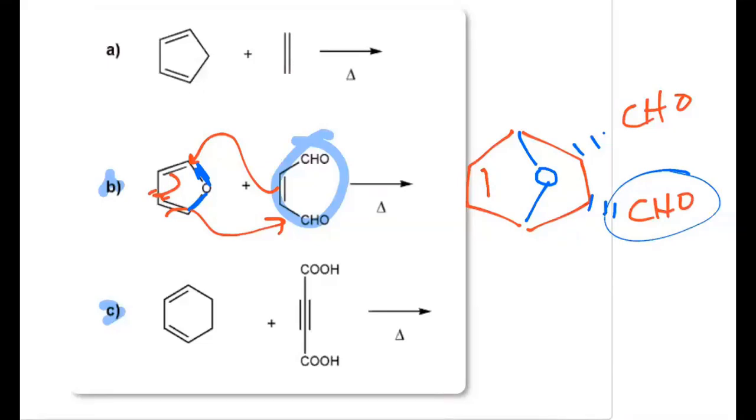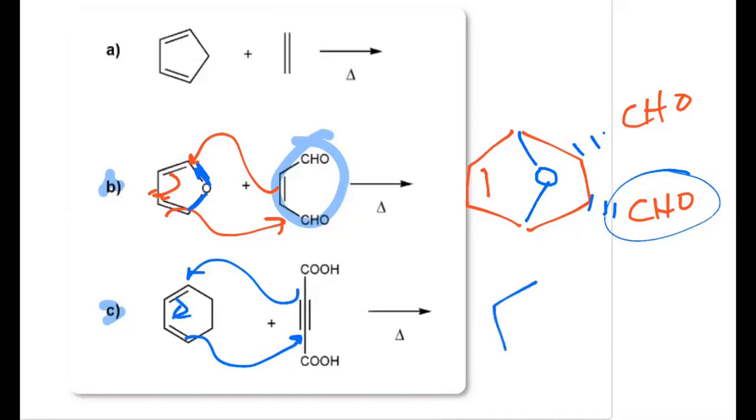All right, what about C? It's very similar to B, isn't it? You're going to get here, here, and then here. That's your mechanism.